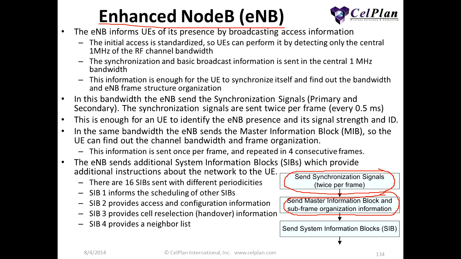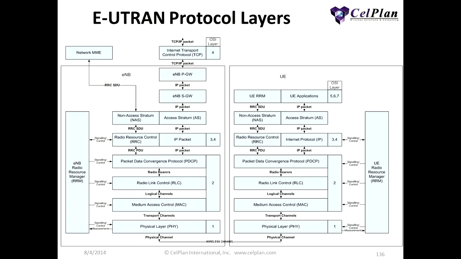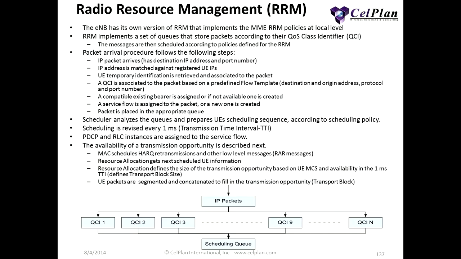And then it will send system information blocks, SIBs, that tell the UEs information about the access, how the UE should proceed to access the network. The first layer that we will analyze is the radio resource management layer. In reality, it's a cross layer.